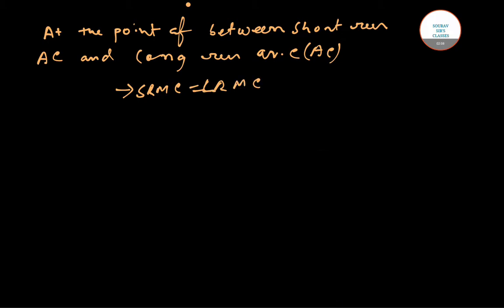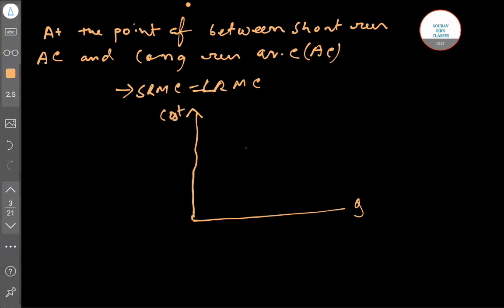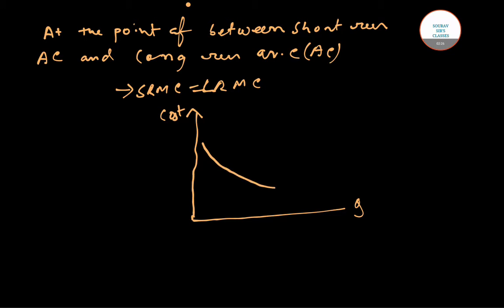Now we'll go to the options again, but before that, first I'll draw a diagram. On the horizontal axis we take quantity, and on the vertical axis we take cost. Now we know LAC is a U-shaped curve, and inside the LAC there are various short run curves like this.